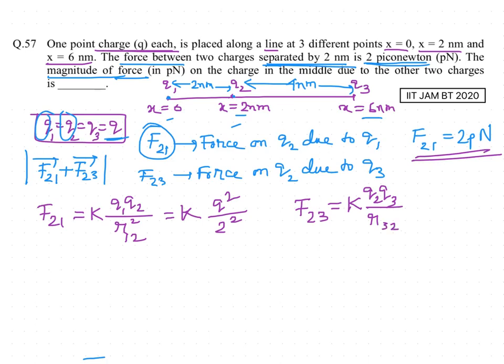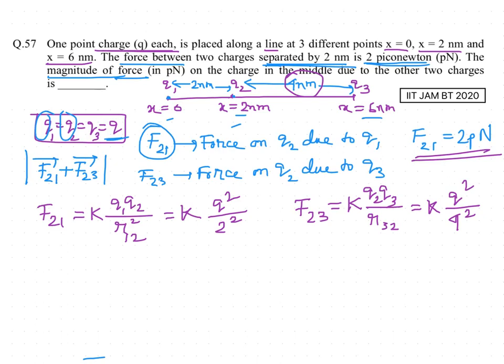So this is K Q square by 4 square, right? Because the separation between charge Q2 and Q3 is 4 nanometer. So F23 is equal to K Q square by 4 square.